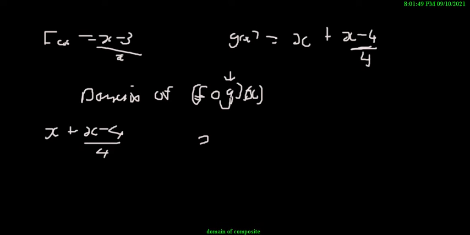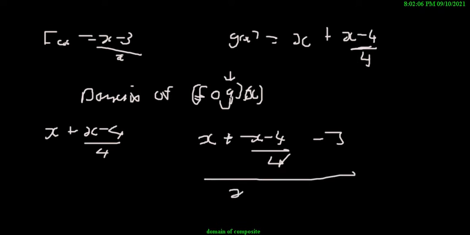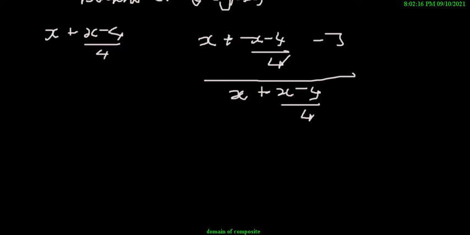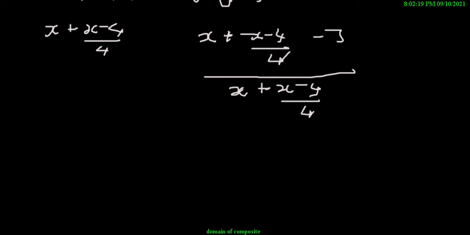So it's going to be x plus x minus 4, minus 3, everything over x plus x minus 4 over 4, again minus 1.